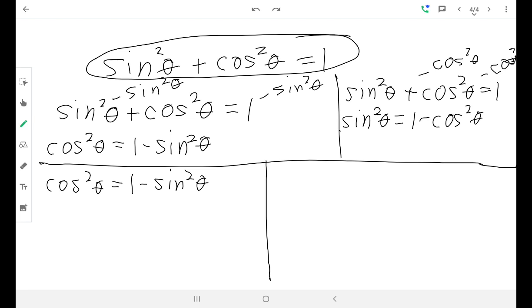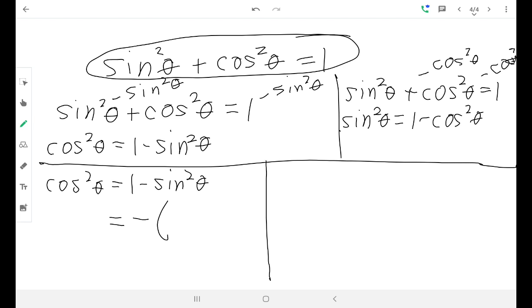And now, what I want to show you is, let's look at the right side here. Let's say that I factored a negative out of there. So I divide everything essentially by -1 and put that -1 to the outside.